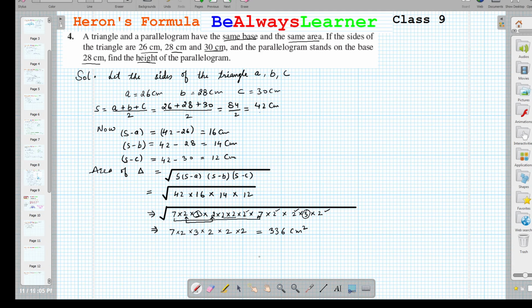Now the area of the triangle and the area of the parallelogram are the same.